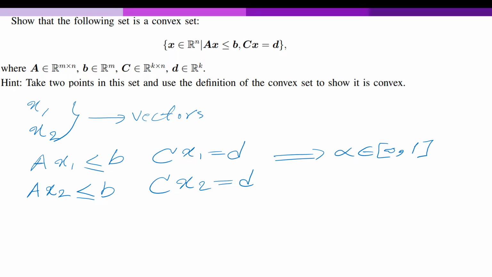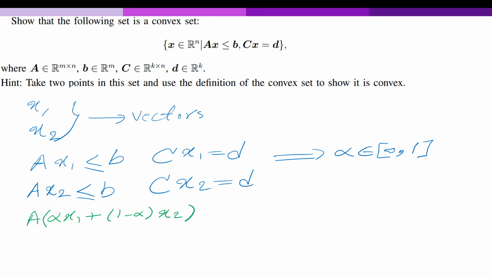So going with the first one, A of alpha x1 plus 1 minus alpha x2.